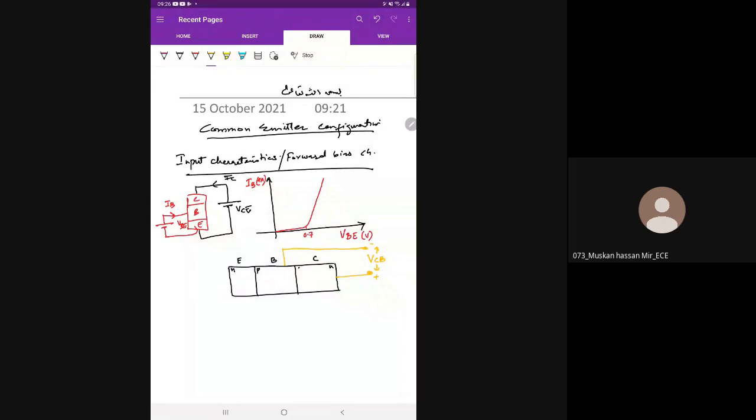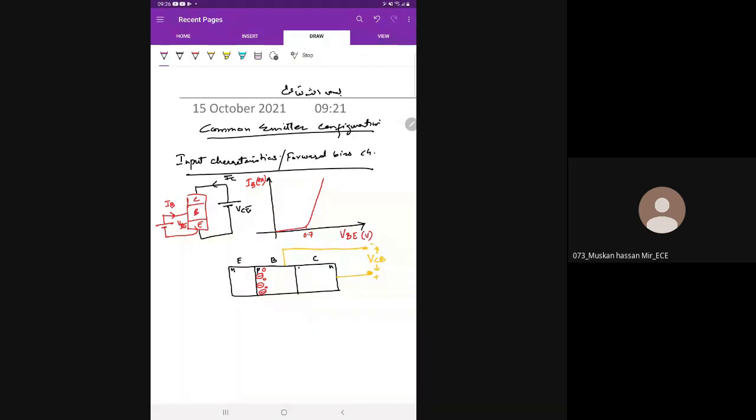Now see, VCB is generally reverse biased. So we have an N-type collector and a P-type base. In P-type, the majority carriers will be holes, and we have acceptor atoms and holes.